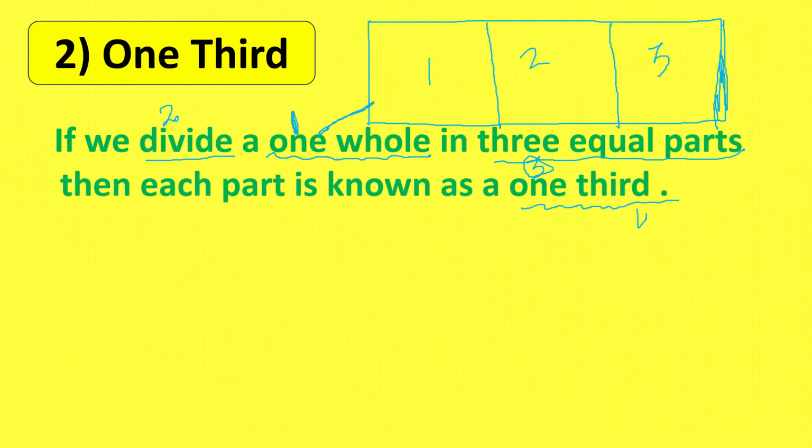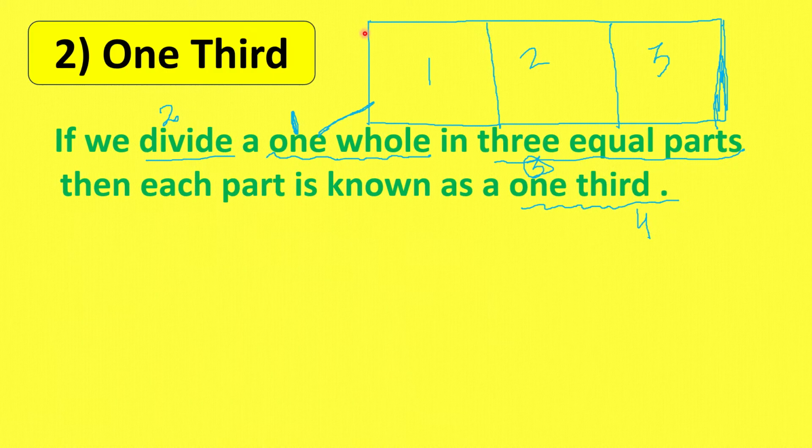It's our point. Okay, just recall it again. First of all, read the sentence with me. If we divide one whole in three equal parts, then each part is known as a one third.